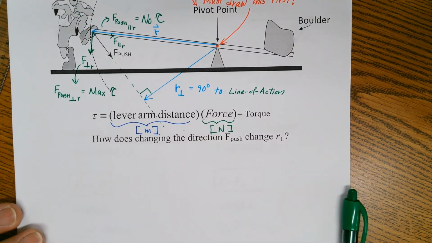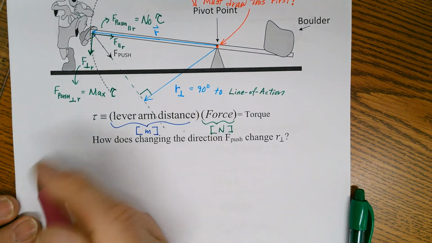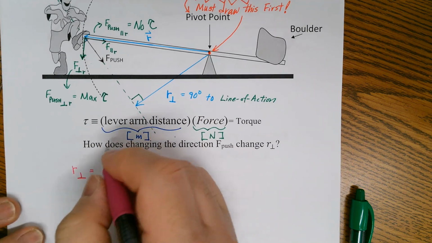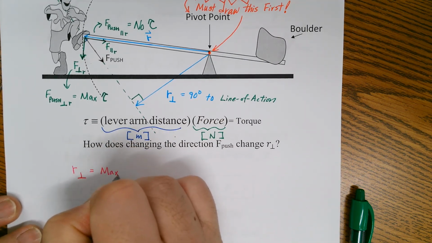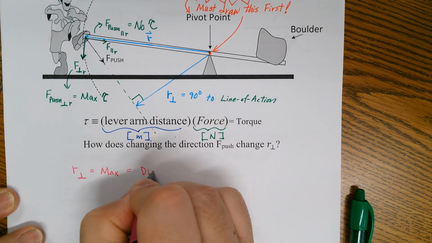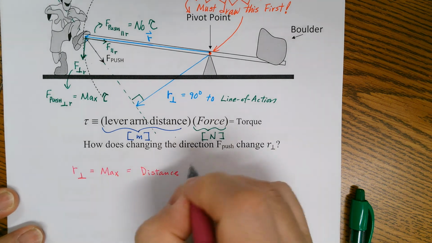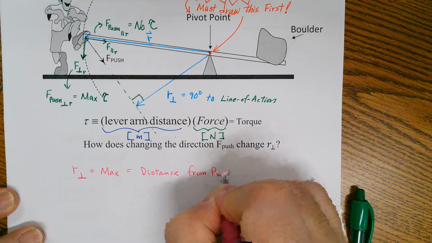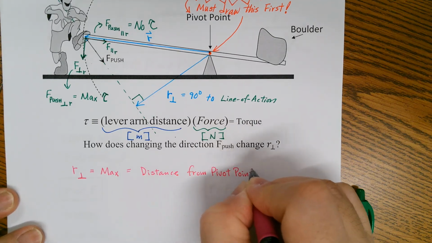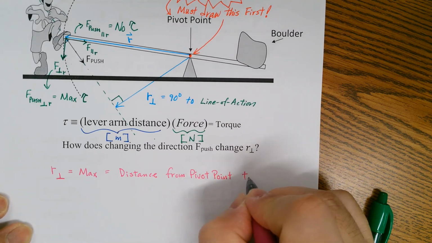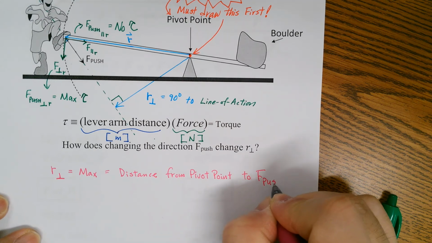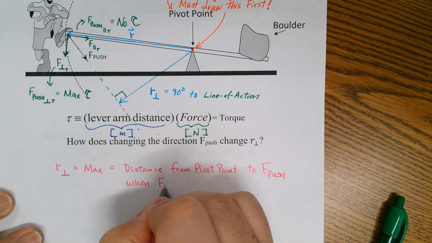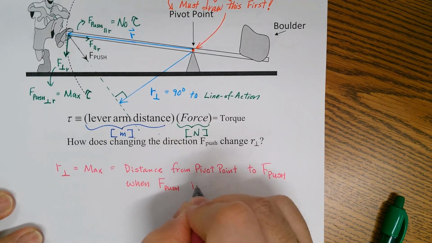So I guess you could say R perpendicular is equal to maximum when the distance from the pivot point to F push is such that F push is tangent.